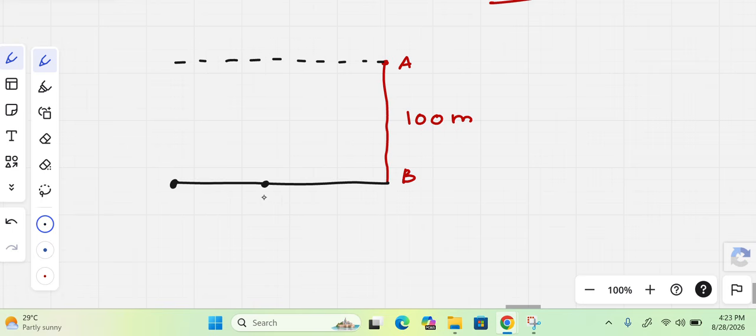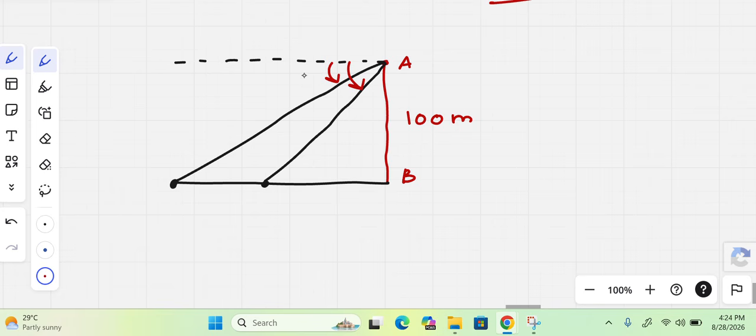So it is going towards it, isn't it? So from here it moves to here. So here how much is it? 30 degree. So this becomes 30 and this becomes 45 degree.